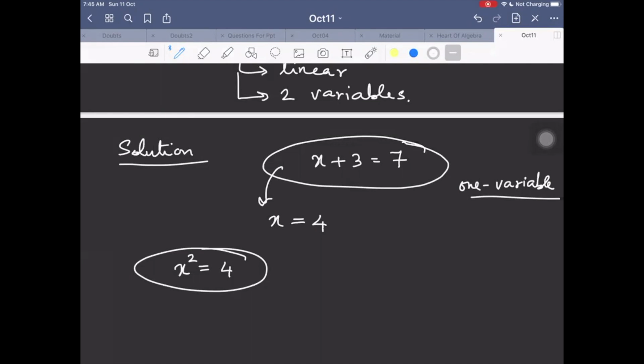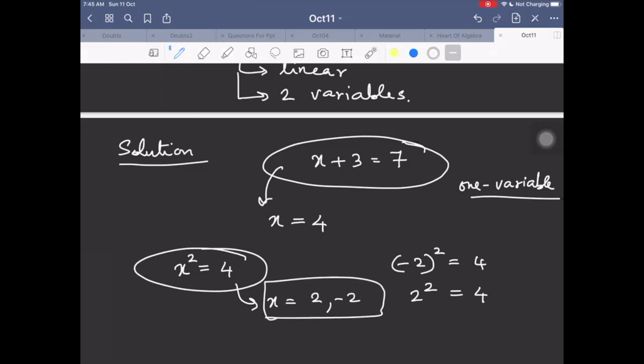I hope you have already learned about this. Minus 2 whole square is also 4, and 2 square is also 4. You square 2, you get 4. You square minus 2, you get 4. So the solutions are x is equal to 2 and minus 2. So we have two solutions here, right?